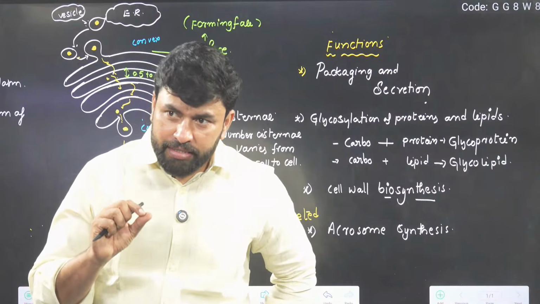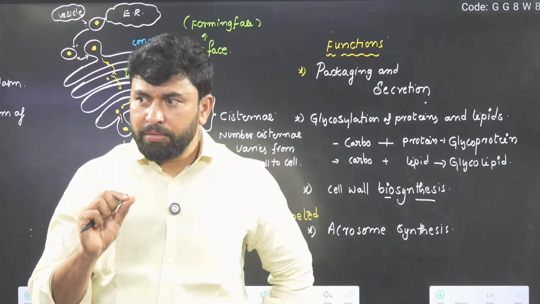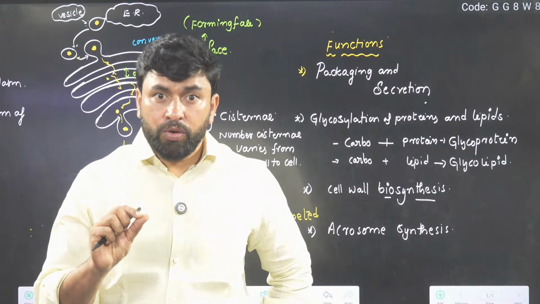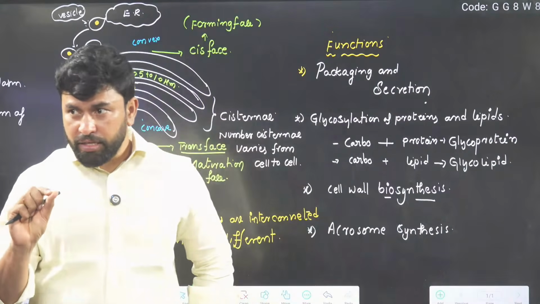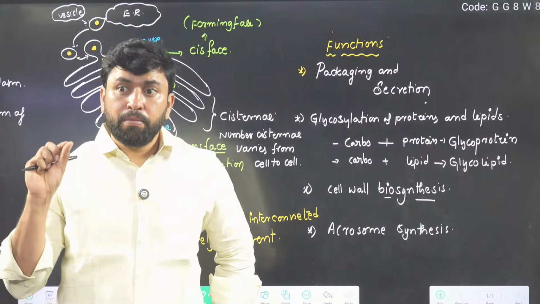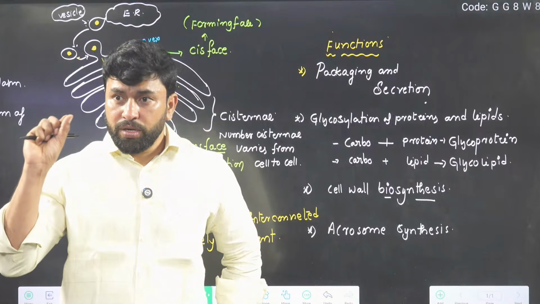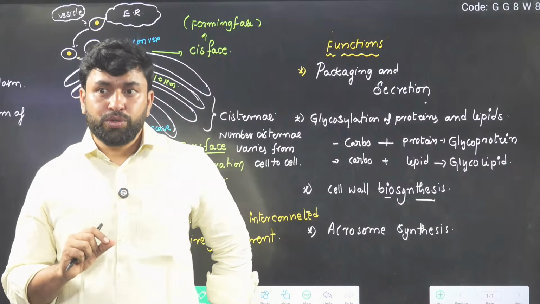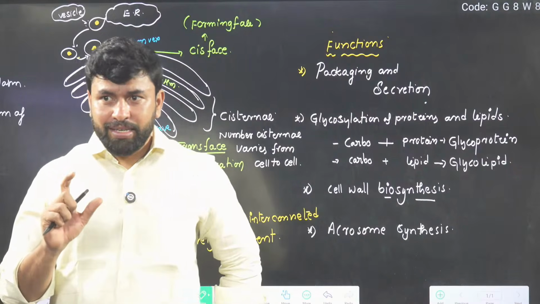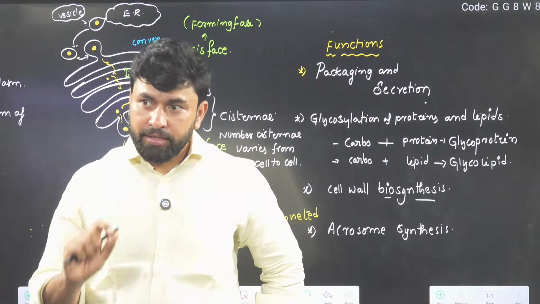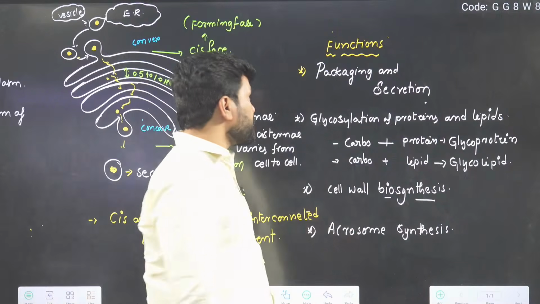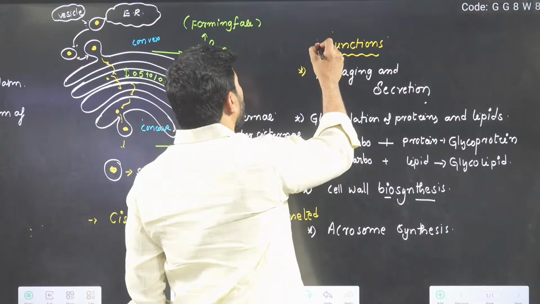That cap-like structure contains some enzymes, such as hyaluronidase. This hyaluronic acid digesting enzyme is responsible for breakdown of the egg's outer membrane. That's called zona pellucida. You will get that later. Acrosome is present on the sperm cell head. That's why this acrosome is also synthesized by our Golgi complex.